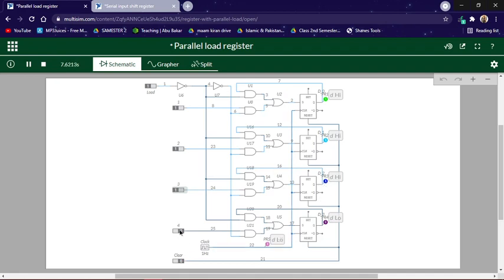Now if our fourth input is 1, after one complete rotation of the clock, it also becomes 1. If we reset it with clear 1, then all the outputs become 0, and now clear is 0. After one complete rotation, all outputs again become 1. This is the working of the parallel load register.